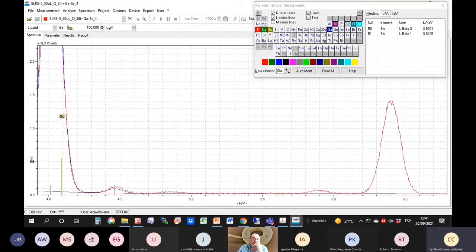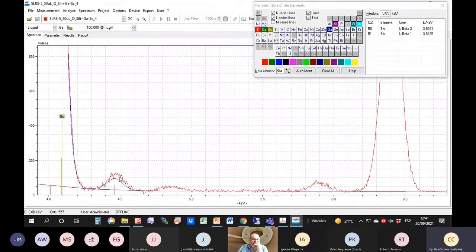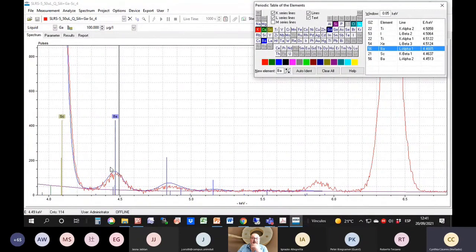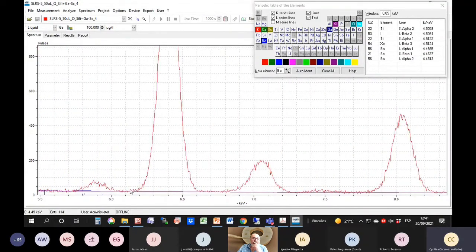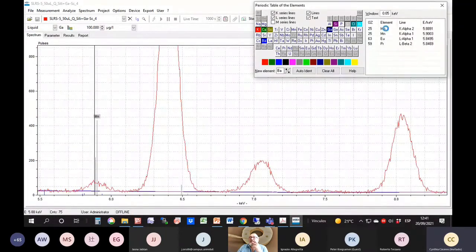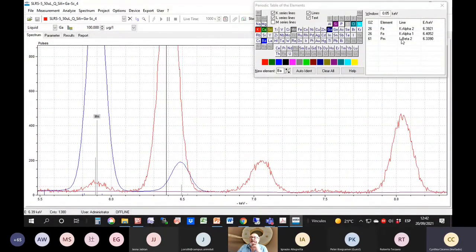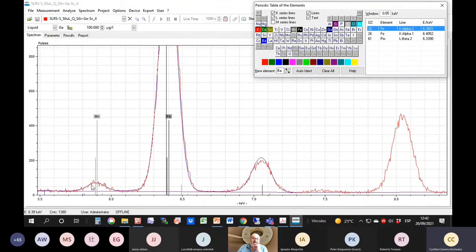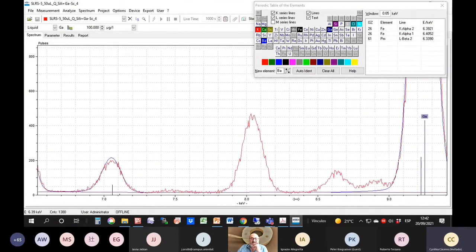What more? Oh yes, there is barium. Here the combination of this and this presence, okay, perfect. Manganese, iron, yes, iron, manganese, perfect.